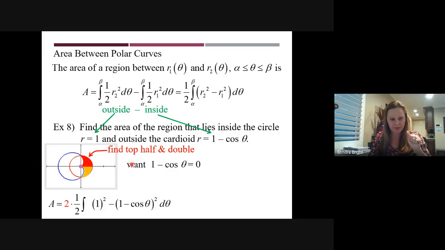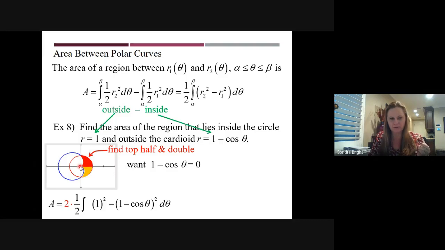What we want to find now is our limits of integration. We want to know where these are intersecting. The first point is here: when is the cardioid equal to 0?